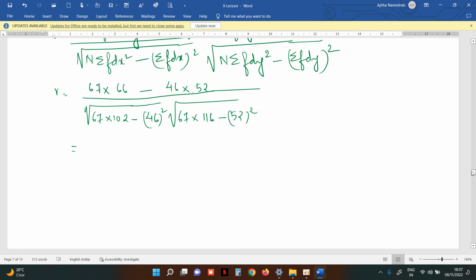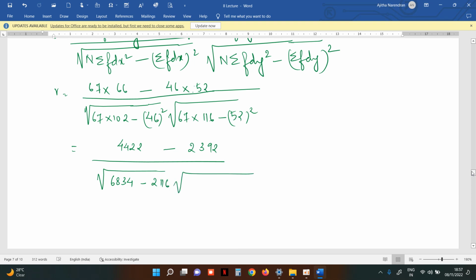67 into 66 is 4422 minus 46 into 52 is 2392, whole divided by root over 6834 minus 2116, root over 67 into 116, 7772 minus 2704, which is equal to 2030.